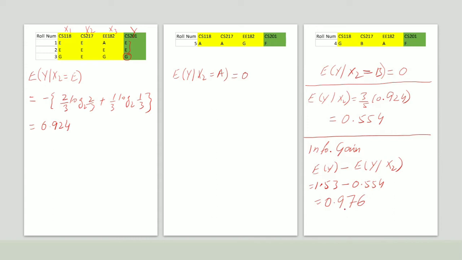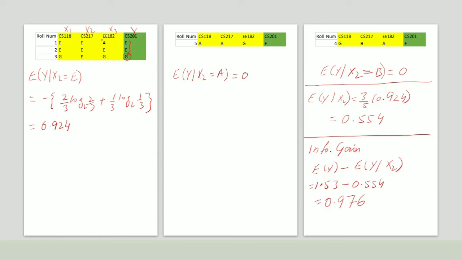I have rounded it off, so it's 0.976. Remember the information gain from the column CS118, it was 1.13. So so far what we have is that CS118 has higher information gain than column CS217.